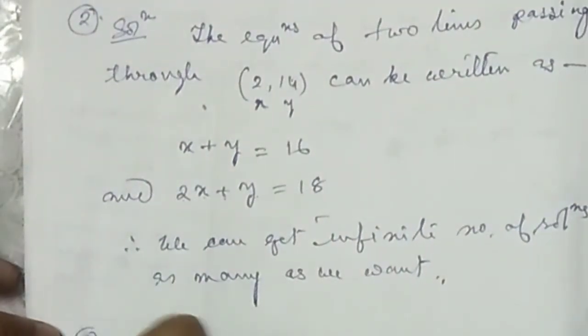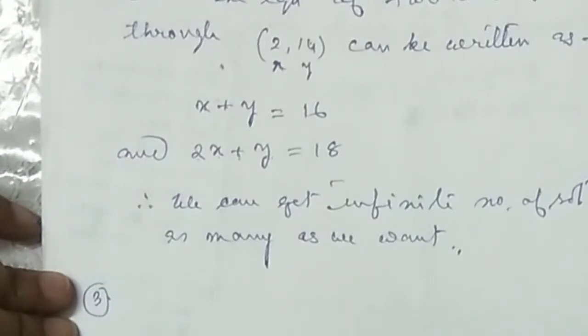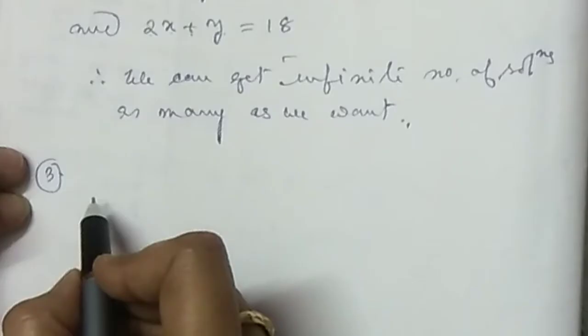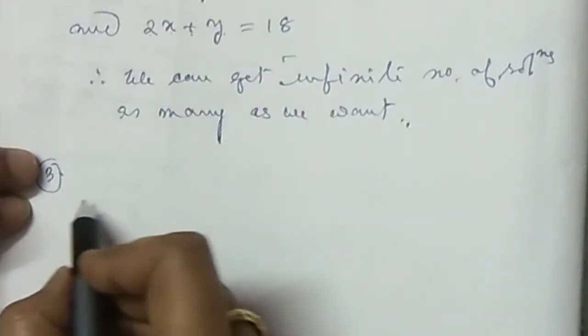Question number 3, it is mentioned, if the point (3, 4) lies on the graph of the equation 3y is equal to ax plus 7, then find the value of a. It's very simple.